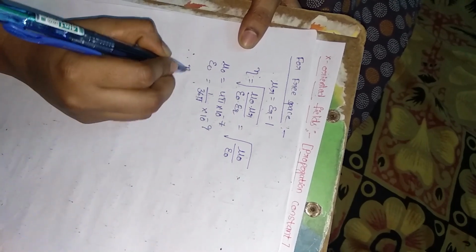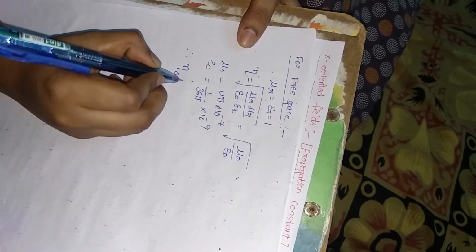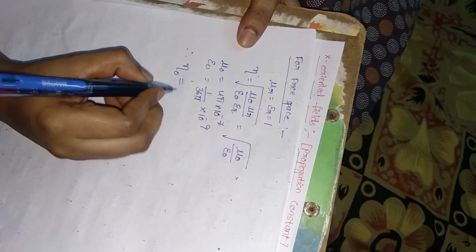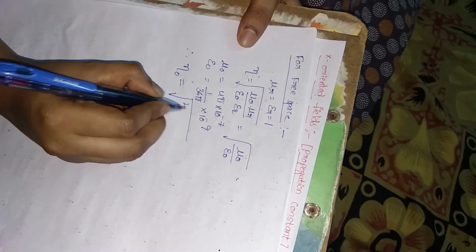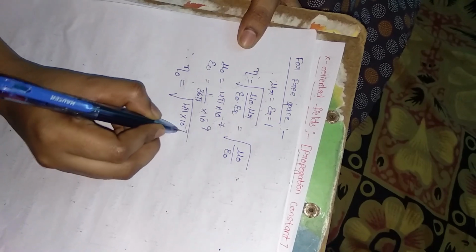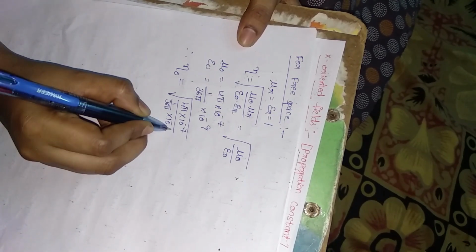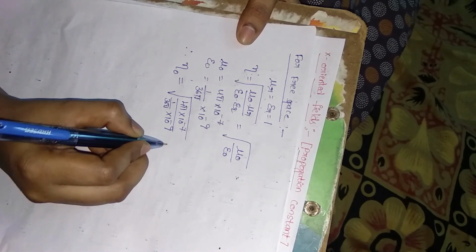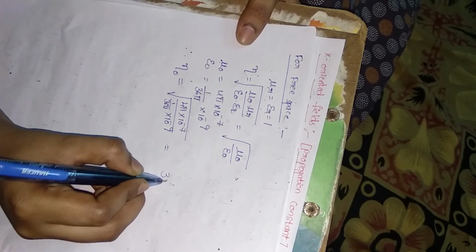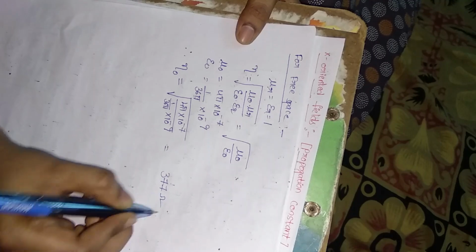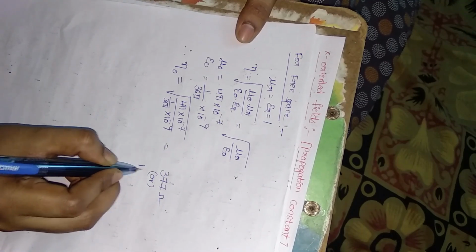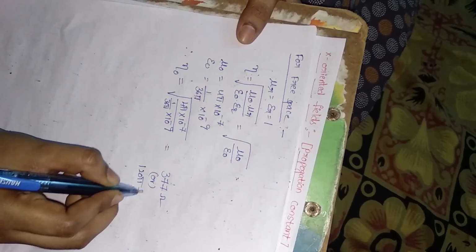Therefore, the intrinsic impedance of free space for a uniform plane wave is eta naught equal to the square root of 4 pi into 10 power minus 7 divided by 1 by 36 pi into 10 power minus 9. If you solve this, you will get eta naught equal to 377 ohms, which is 120 pi ohms.